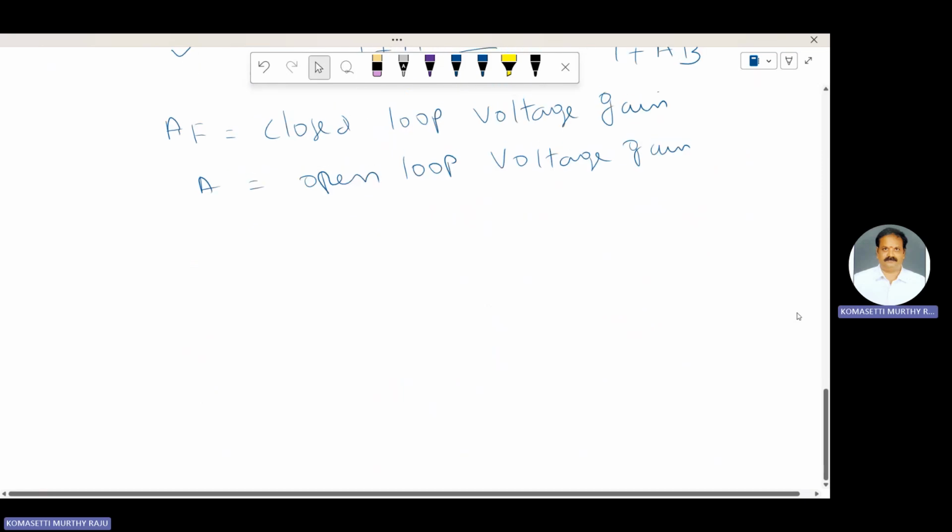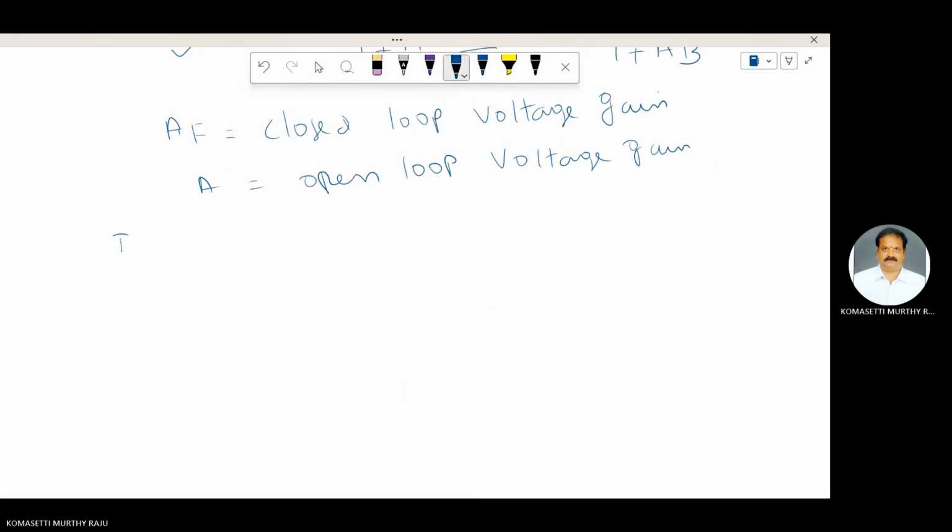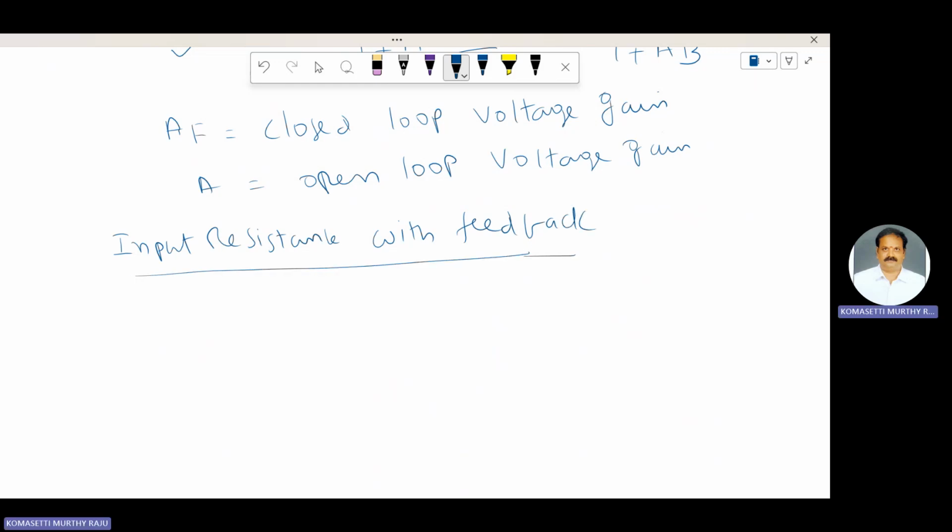The next important parameter is input resistance with feedback, for voltage series feedback connection or non-inverting amplifier mode. With feedback, RIF is equal to RI into (1 plus A into B).